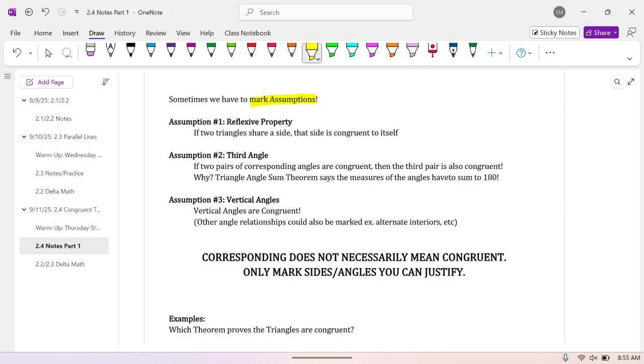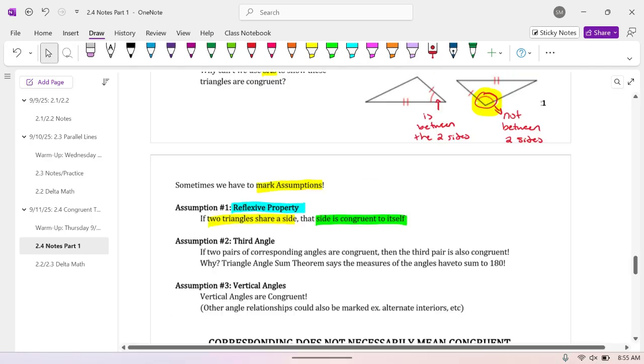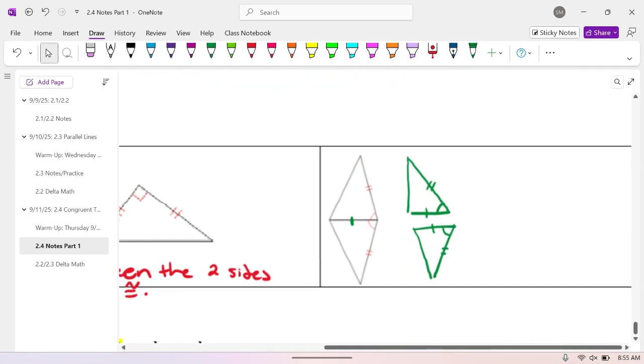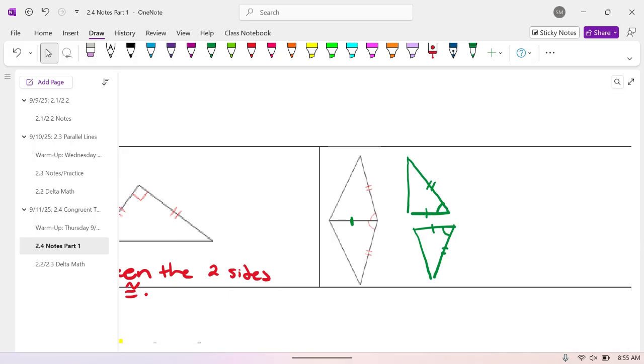So when two triangles share a side, we can say that it's congruent to itself by the reflexive property. All right. So up top, for example with this one, it shared a side. So by the reflexive property, we can assume that side is congruent to itself. All right, that's the proper name for it.